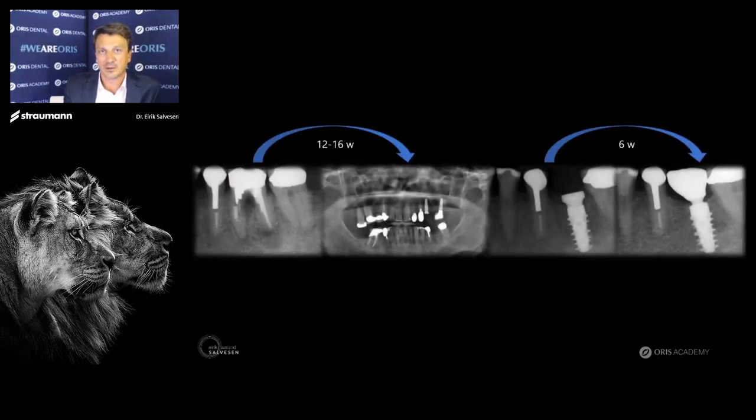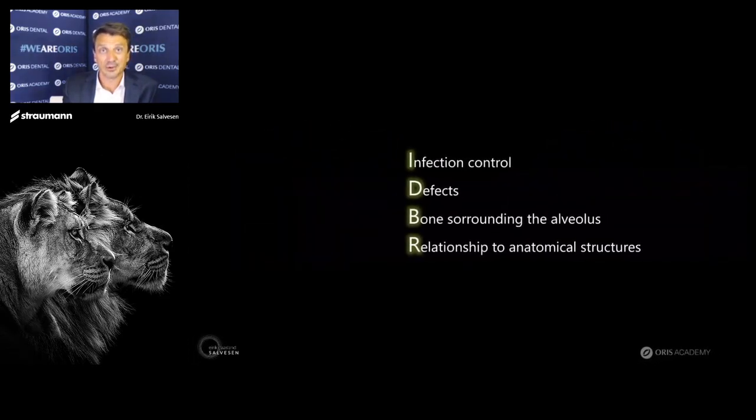So we extract, we wait for healing, place an implant, wait for healing, and then we do the permanent restoration. So the learning objective for you, from me, when you're planning for immediate installation is infection control, defects, bone surrounding, and the relationship to anatomical structures.